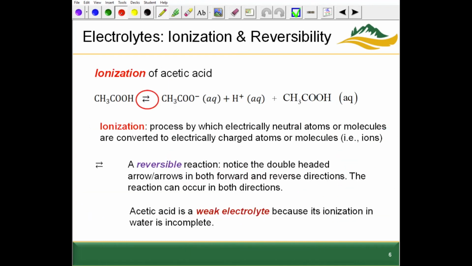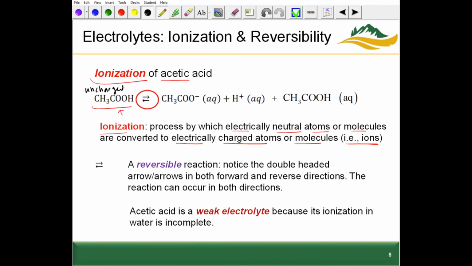So now this concept of ionization was initially brought up very briefly in our discussion of mass spectrometry. So ionization of an acetic acid, let's go through this example. This is the one we looked at on the last slide. Ionization is a process by which electrically neutral atoms or molecules, so notice this is electrically neutral, it doesn't contain a positive or negative charge, are converted to electrically charged atoms or molecules, i.e. ions.